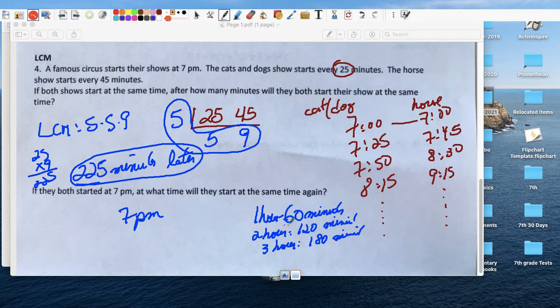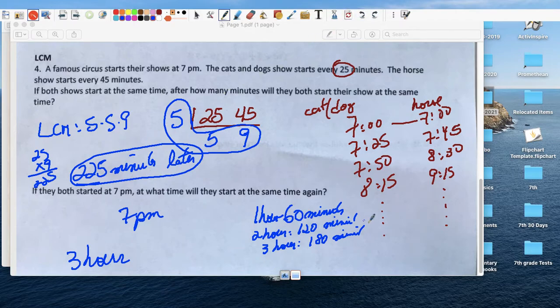So 225 is for sure 3 hours. If we do 4 hours, that'd be 240 minutes, so 225 is not exactly 4 hours. So it's 3 hours for sure, and some amount of minutes.